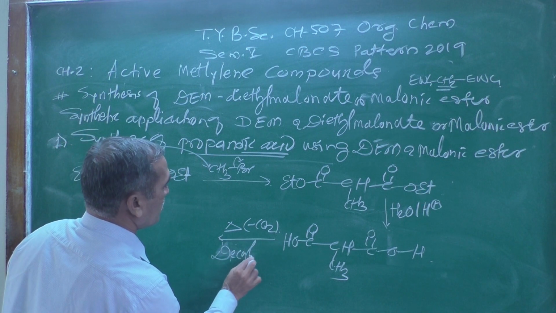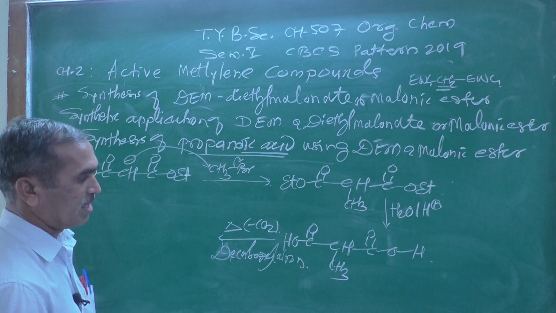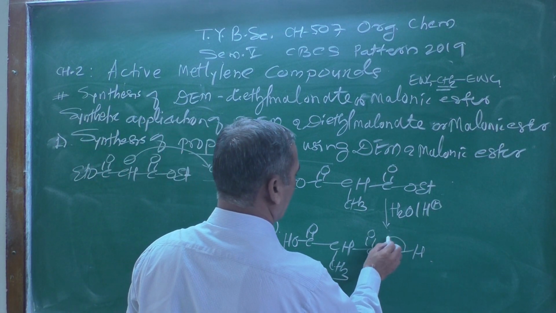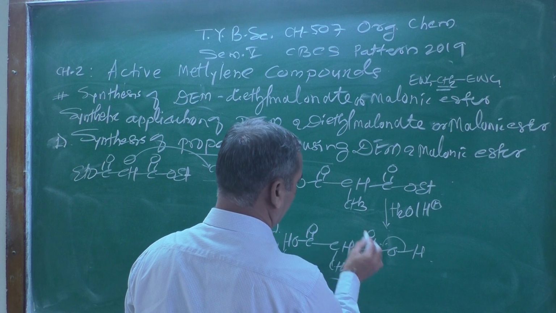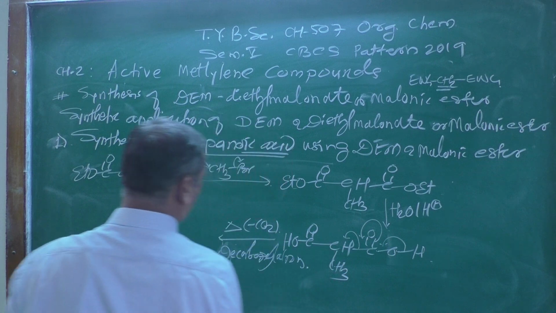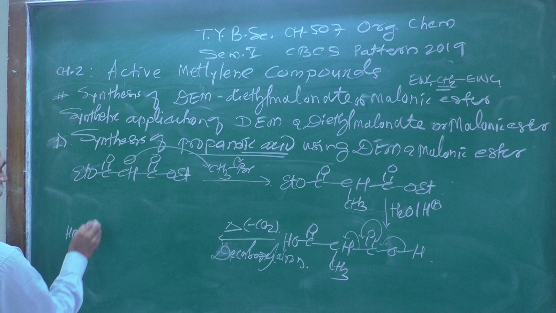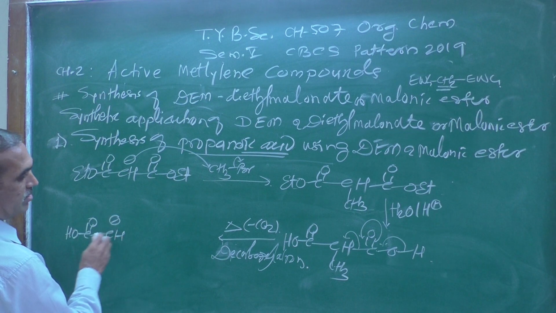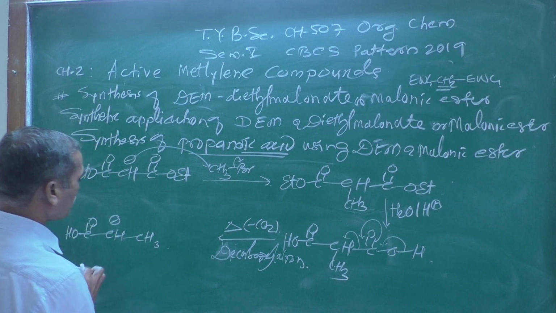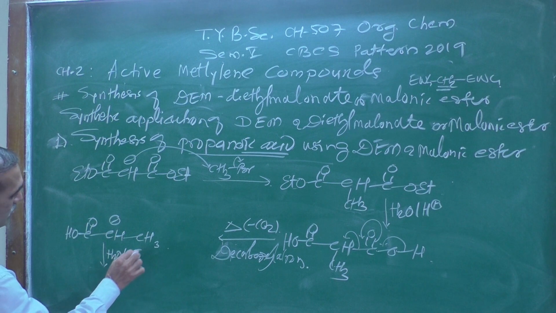This is known as decarboxylation, and in decarboxylation only one acid group gets removed, and you will be getting here HO, C double bond O, then CH minus, then we can write here CH3, and then next H2O in presence of H plus.